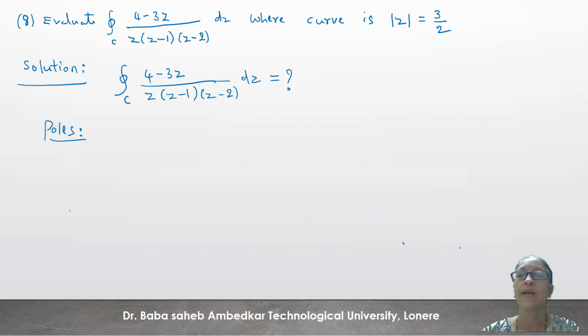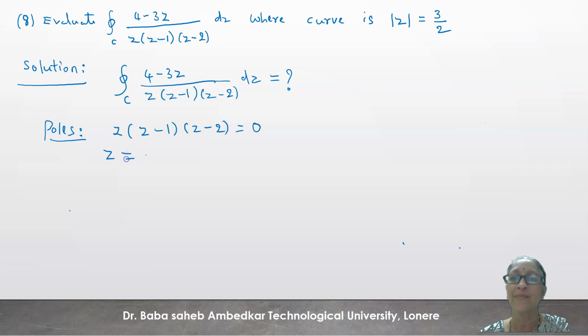Next question is evaluate the contour integral (4 minus 3z) by z into (z minus 1) into (z minus 2) dz, where the curve is mod z equal to 3 by 2. So here first we have to find poles by equating the denominator to 0. If we equate the denominator to 0, we get z into (z minus 1) into (z minus 2) equal to 0.